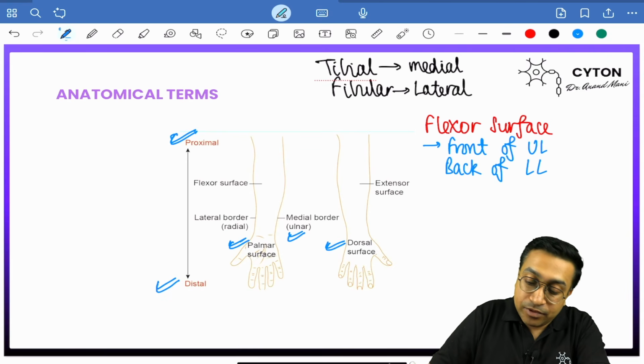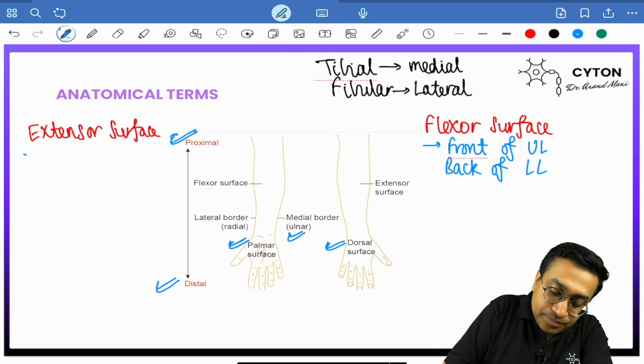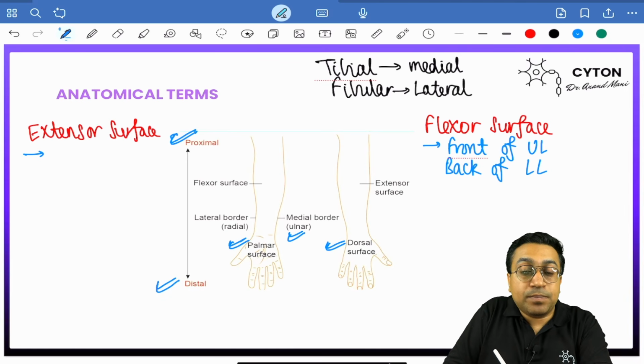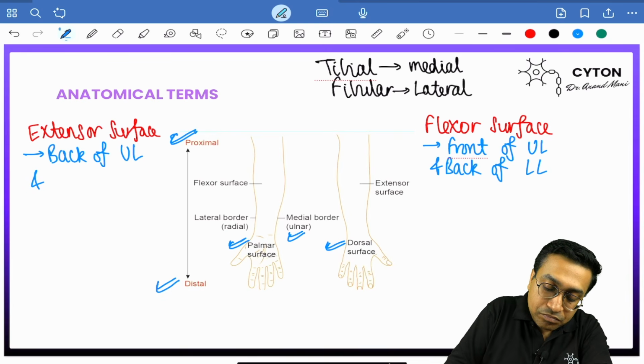Okay, similarly you have the extensor surface that has the back of upper limb and the front of lower limb.